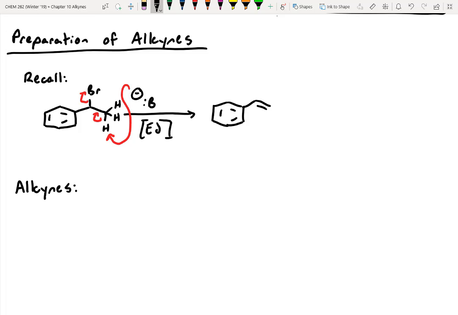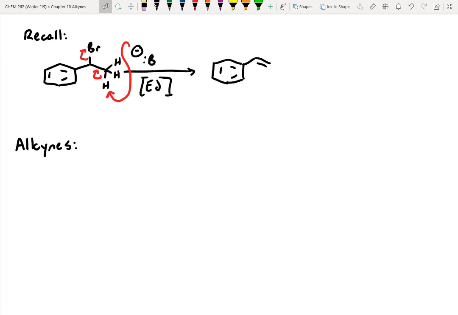Let's say that we have an alkyne where instead of one halogen in that position, we have two. So we've got two bromines for this example right there and there. We still have beta protons adjacent to those bromines. And oftentimes what we'll use in this reaction is a really strong base.